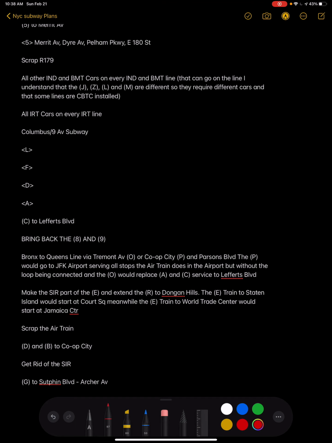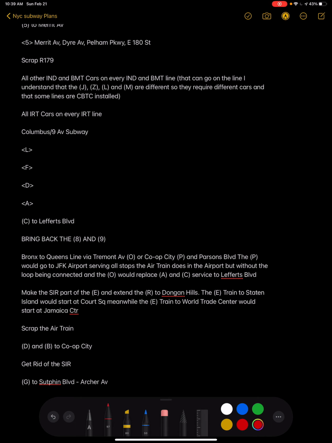And so now, credit to Transit Fanner Shamari Kinsey for coming up with this idea, because I watched his video about the P and O trains going via Parsons Boulevard and would be a Bronx to Queens line.